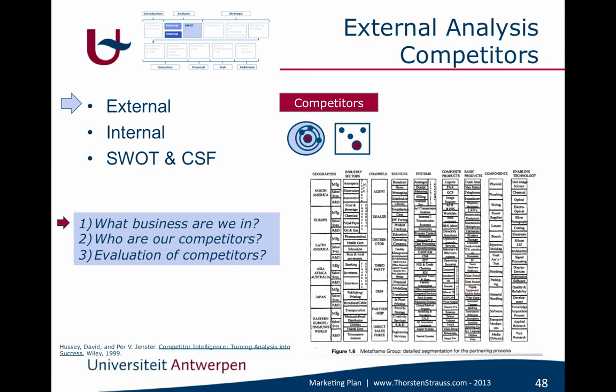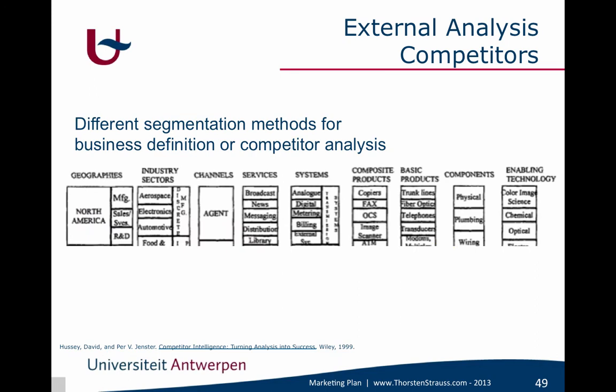The next part, how you can segment and define what business we're in, is using different types of segmentations, and you probably cannot read this. I have here a better view on the headers. We can segment by geography, North America, for example, manufacturing, sales, R&D. We can segment by industry sectors, aerospace, electronics. We can segment by channels, your agent-driven, direct-driven.